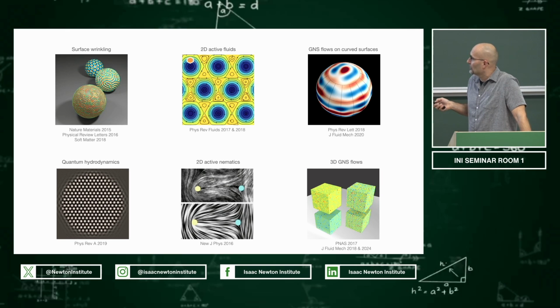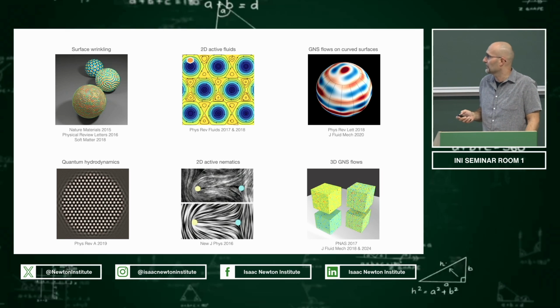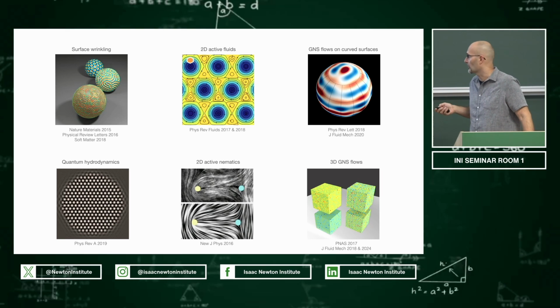What I will talk about today is mostly the part in the bottom left and the one in the upper right, which are the fluid-based systems that have vectorial order or polar order. In that case, you will have a complex order parameter. But you can extend this idea also to active nematics, and we worked a little bit on that.